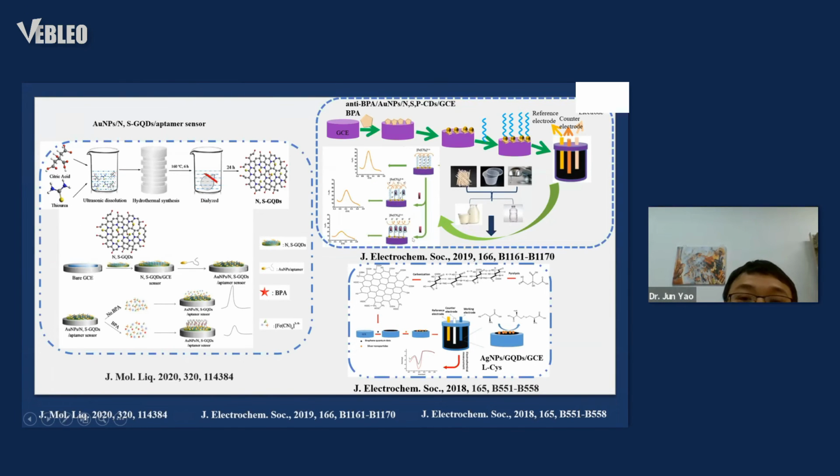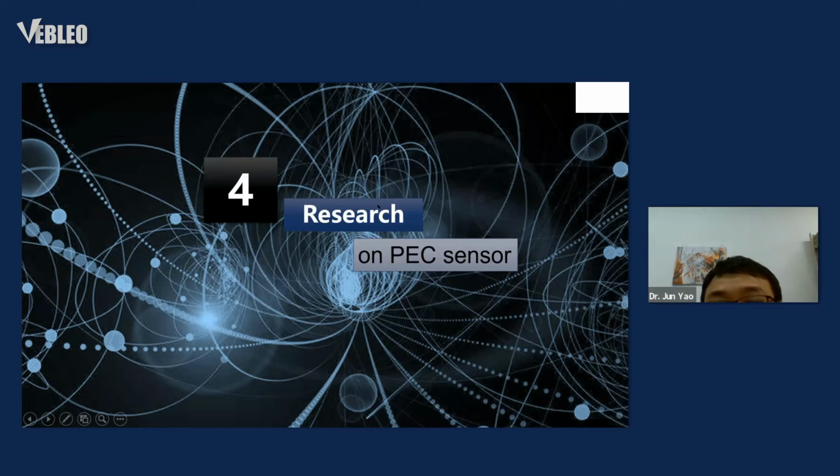There are other three EC sensors. We develop different QDs EC sensors for different target molecules, such as BPA, BPS, L-cysteine. Part 4, PEC sensor.